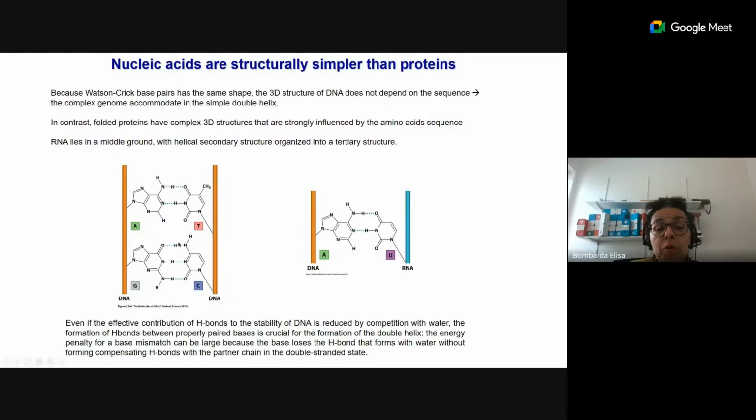Cytosine would like to form 3. It has the groups to form 3, but since it doesn't have the complementary group in the adenine, this third hydrogen bond cannot form, and so it can affect the stability. That is practically what a mismatch is.